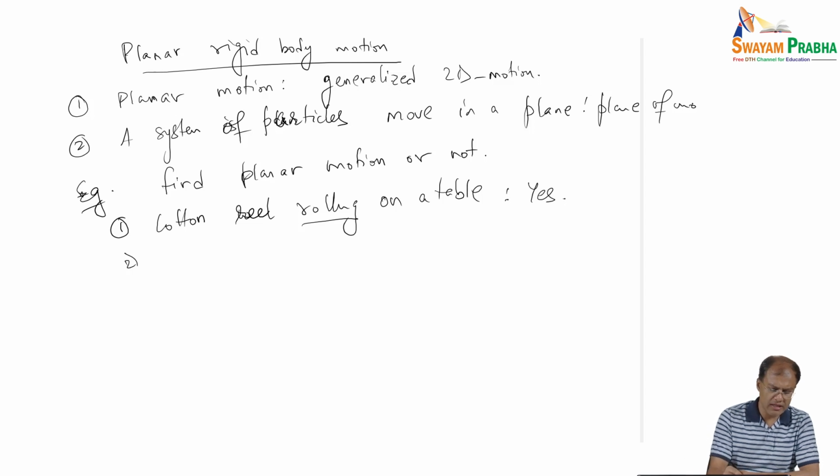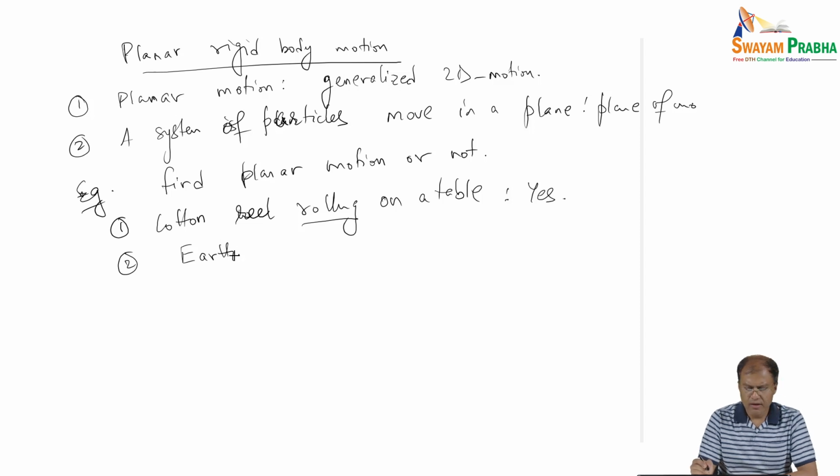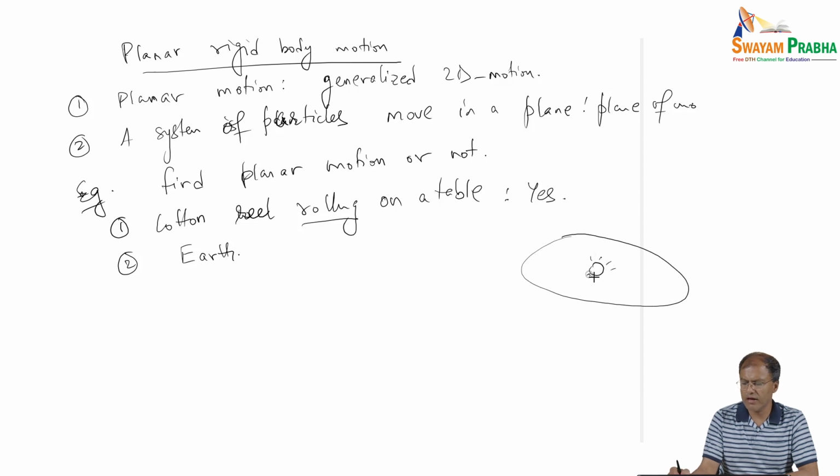Then the other example is, how about the earth, right? Typically the earth is rotating about the sun. So here we have the sun and the earth. The earth is rotating. A naive answer would be yes. But notice that the earth's axis of rotation is not perpendicular to the plane of motion. So we cannot say that the earth is exhibiting a planar motion, because its axis of rotation is not perpendicular to its motion.